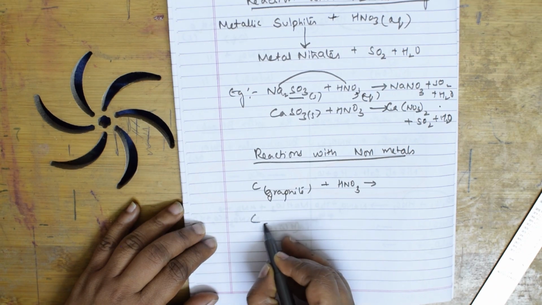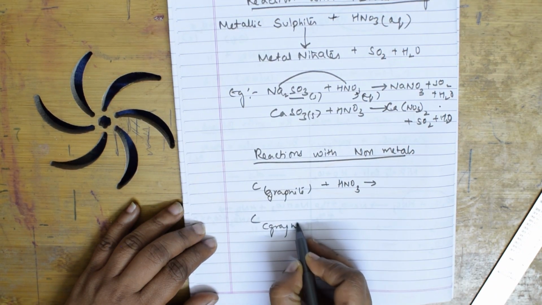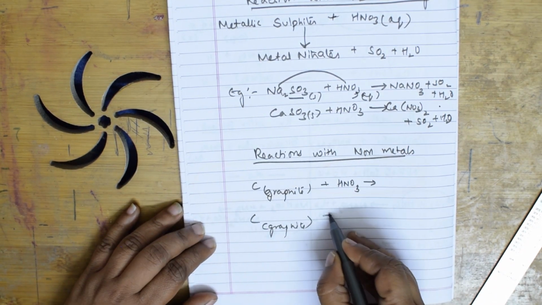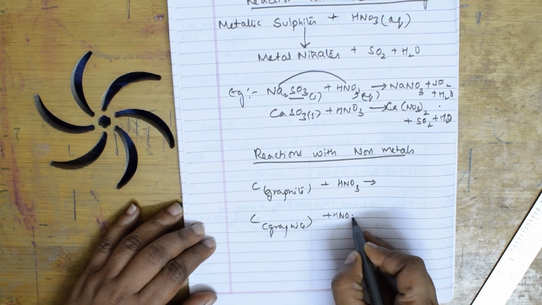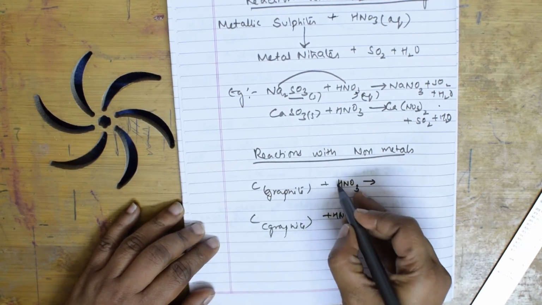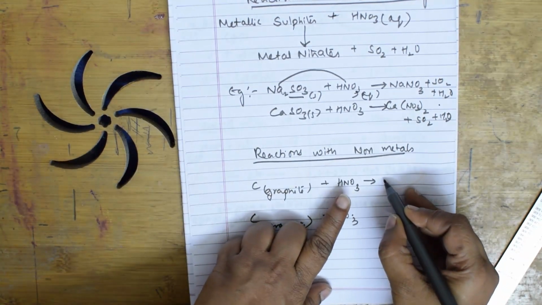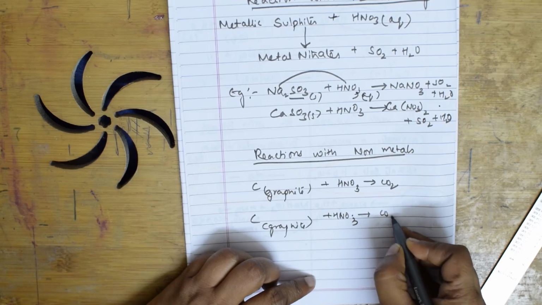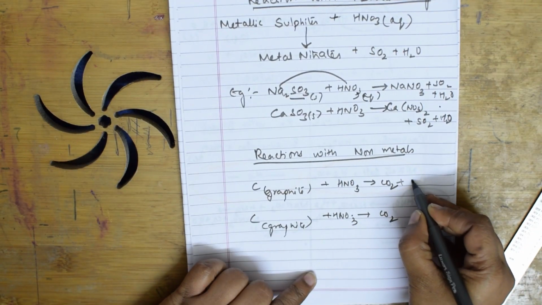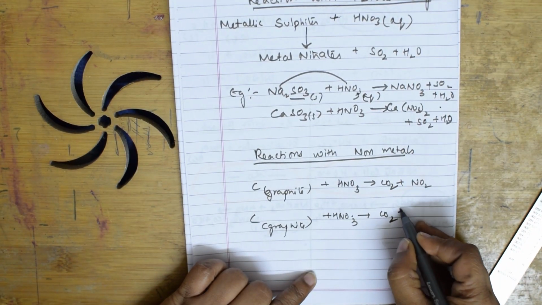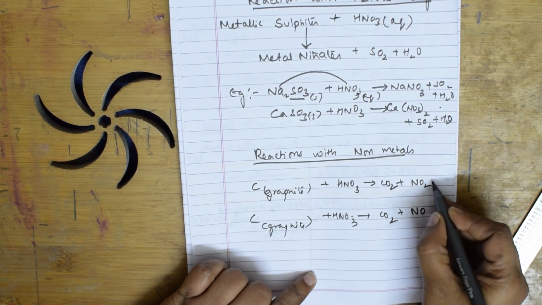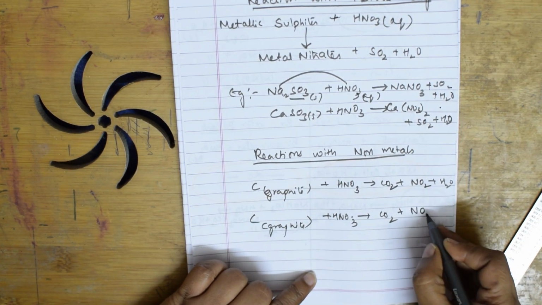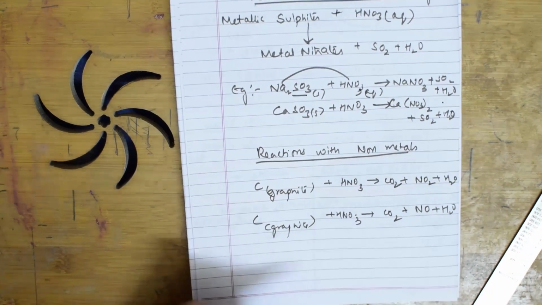I'll be taking the same example, the balancing would be different, the product also would be different. So here HNO3, just see. Suppose if I'm taking the first one, you get two products. One is carbon dioxide. In both the cases, carbon dioxide is compulsory. But in one case, you will be getting nitrogen dioxide. In the second case, you will be getting NO. In both the cases, you will be getting water. So what are common here?